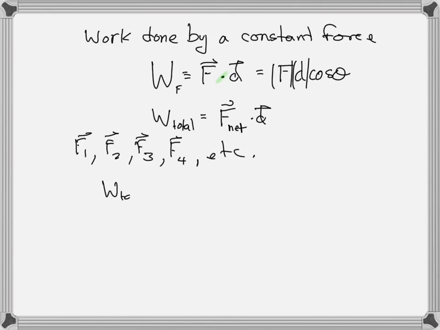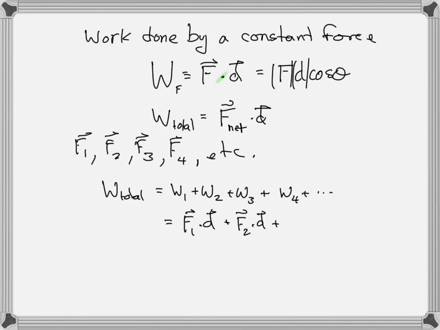Then the total work done is the work done by force 1 plus the work done by force 2 plus the work done by force 3 plus the work done by force 4, etc. The work done by force 1 is F1 dot D, by force 2 is F2 dot D, by force 3 is F3 dot D, and by force 4 is F4 dot D, etc.